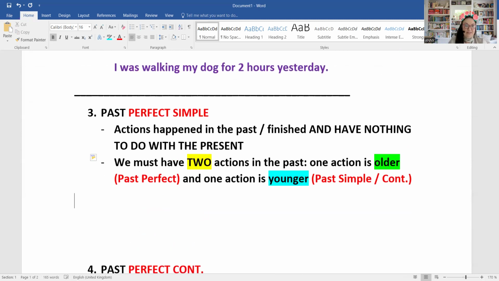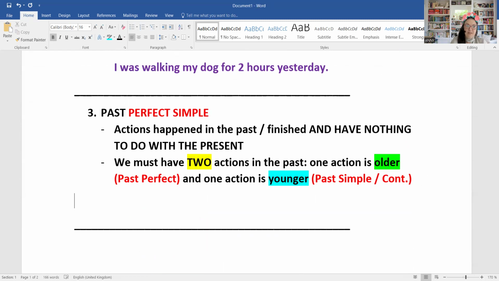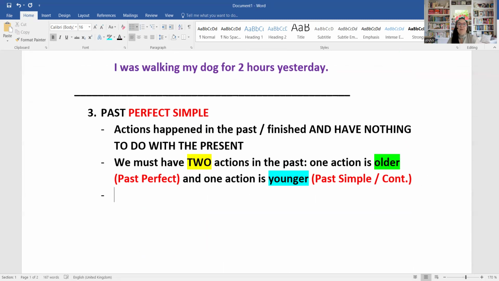Okay, just a moment to separate them nicely so that you see everything clearly. All right, so now we come to the difference between past perfect simple and past perfect continuous. I guess you probably know already what the difference is.